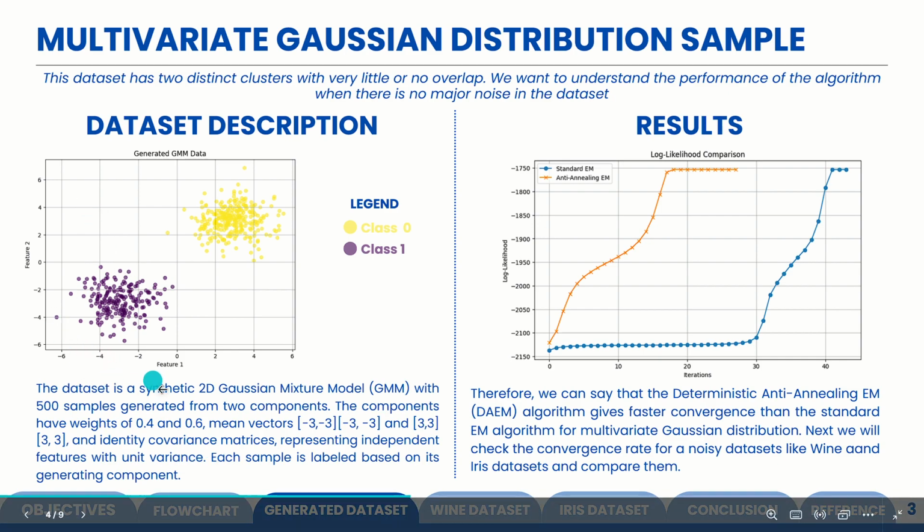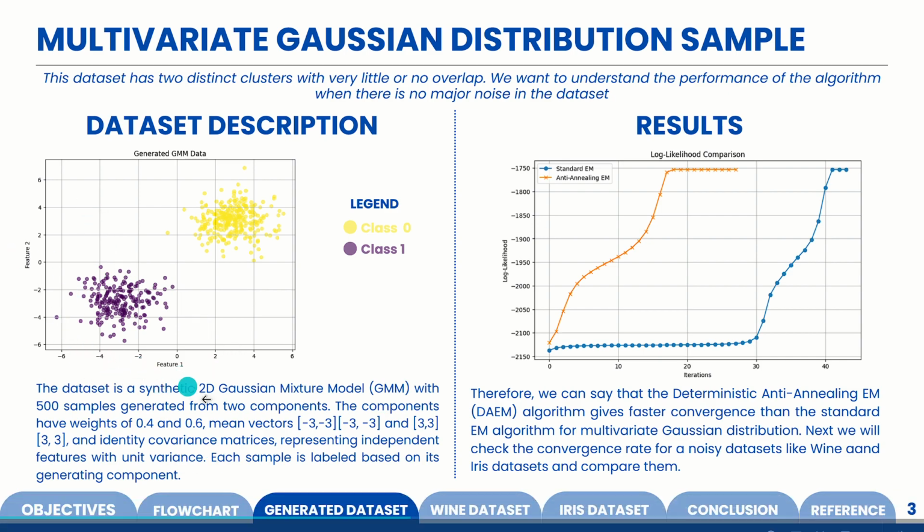So you can see for the first data set we have two clusters. You can see the plot, feature 1 and feature 2. It's a synthetic 2D Gaussian mixture with 500 samples, classified into two classes. On the right-hand side we can also see the results for both the standard expectation maximization algorithm and our anti-annealing expectation maximization algorithm, in which we gave the power exponent of beta.